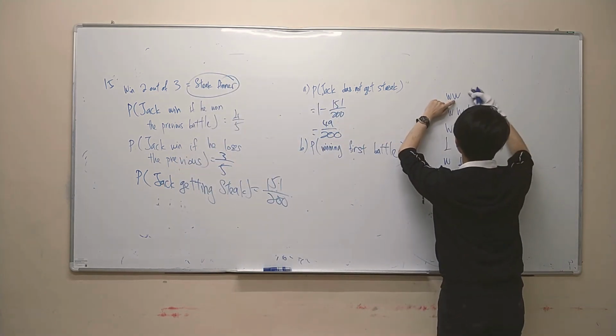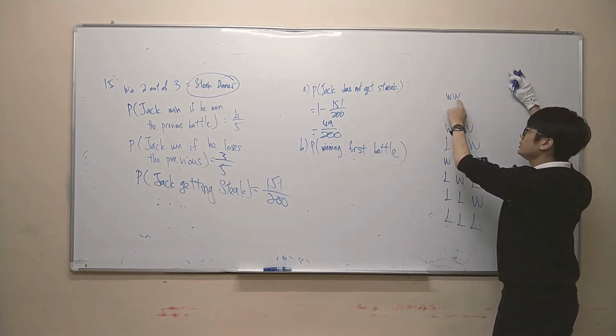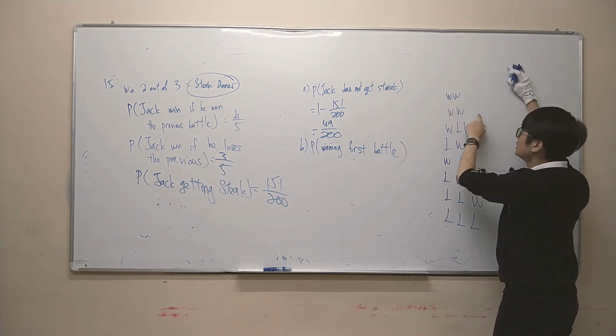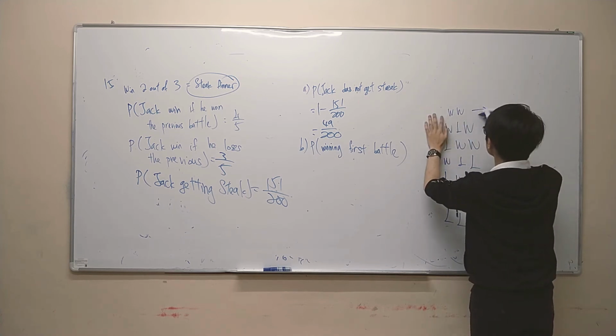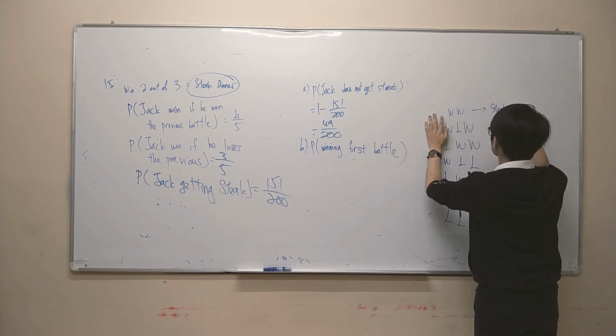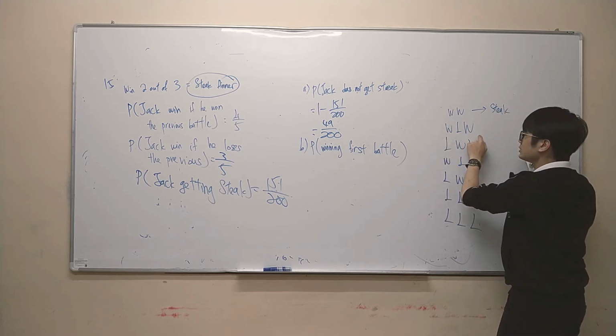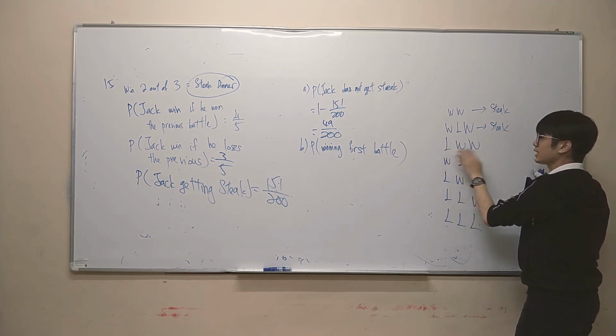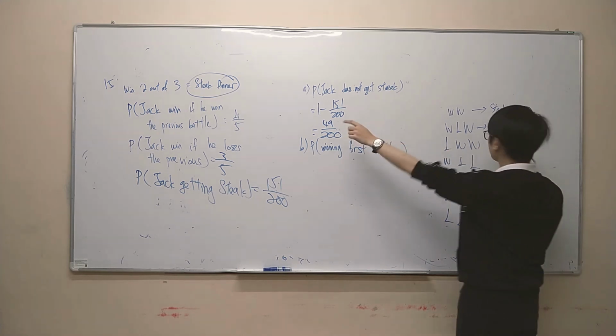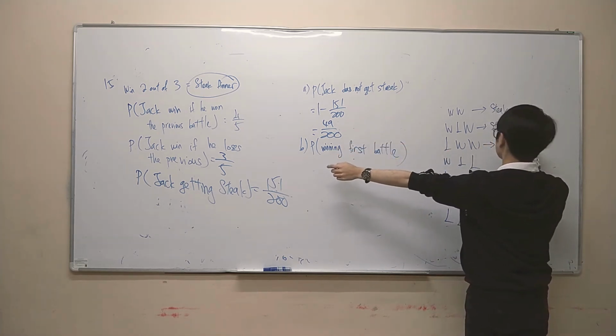Then the third game you don't have to play anymore. If you win the first 2, you don't have to play the third game anymore. It means that the win-win is considered as 1 only. So win-win only, and then you get the steak already. Win, lose, win, you also get the steak, right? Maybe you lose the first game, and then the second and third games you win. So you get the steak because you just have to win 2 out of 3.